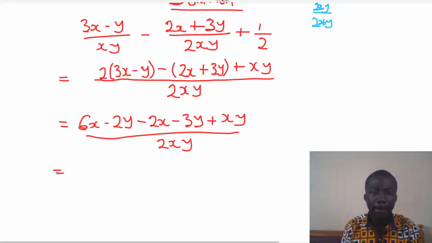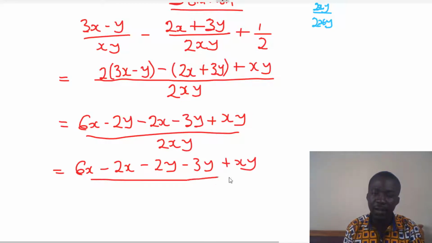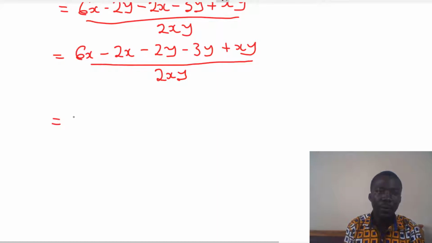We can group like terms at the numerator side so that we can see what we can do next. That will give us 6x minus 2x for the x's, then minus 2y minus 3y plus xy, divided by 2xy. 6x minus 2x will produce 4x.